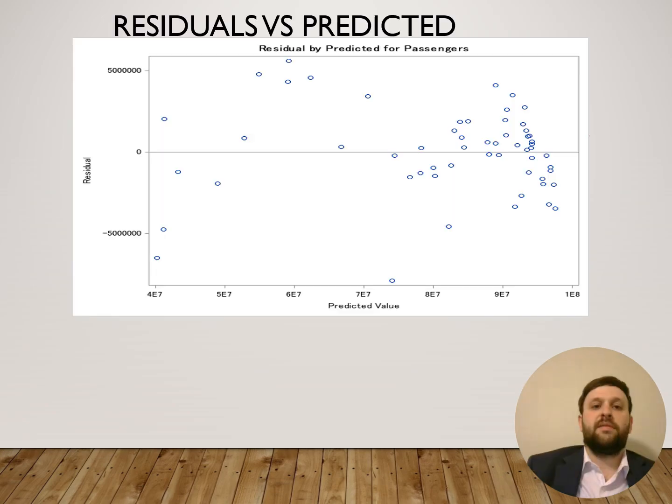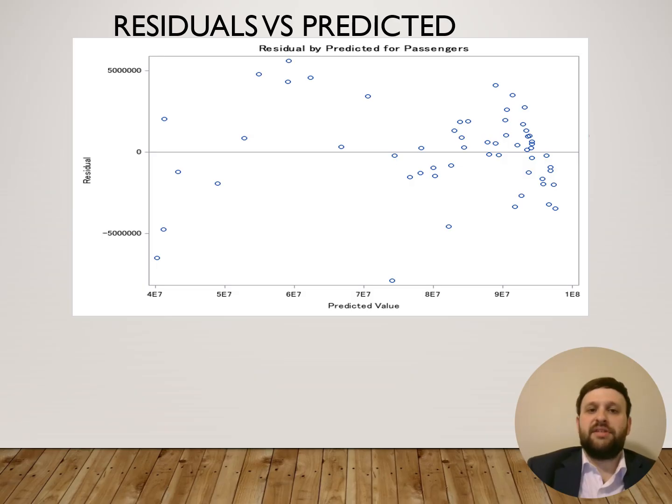overall. Okay, so these next few slides, I'm going to be including some charts that were generated in SAS when I ran my model. And this chart right here compares how far off the model's predictions were from real passenger numbers. And if the model were perfect, all of the dots would line up evenly around that line in the middle, around the zero line.